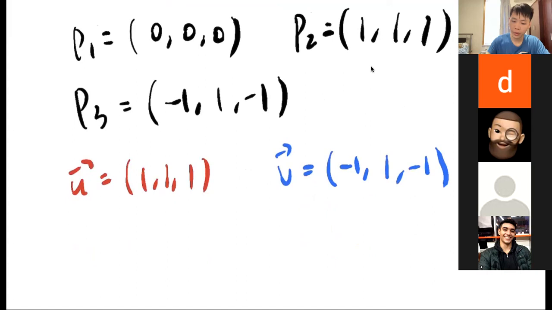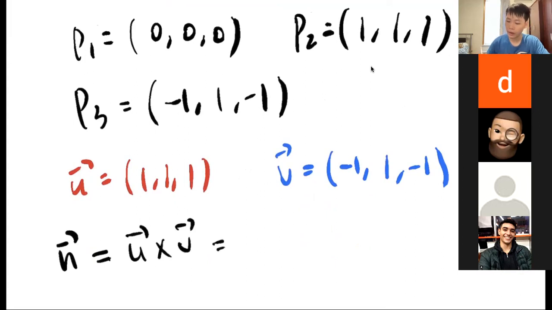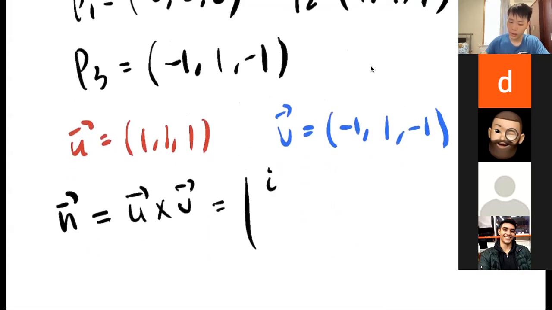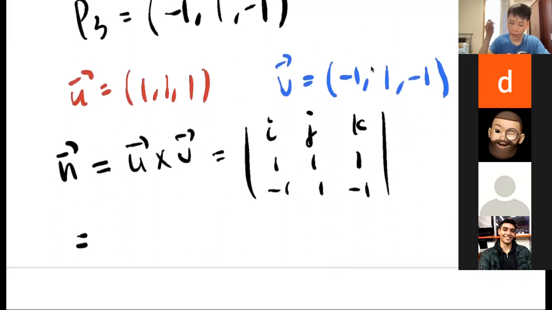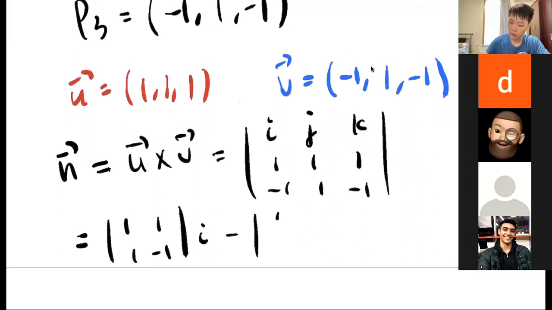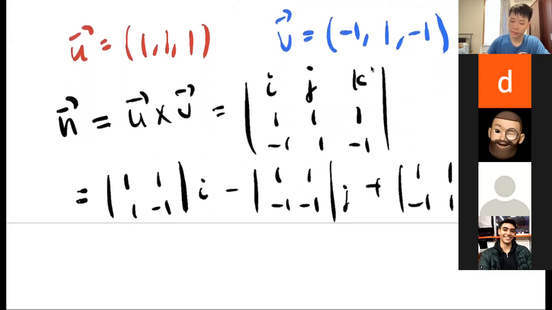And how do you compute the normal vector, which is the cross product of U cross V? It's the determinant of i, j, k, 1, 1, 1, minus 1, 1, minus 1.